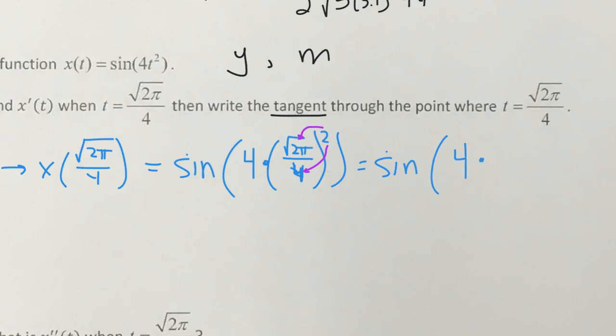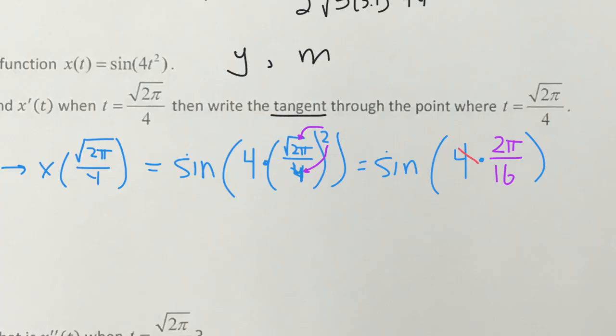When I square my root, I just get the 2 pi. When I square my denominator, I get 16. So the square root of 2 pi over 4 squared is 2 pi over 16.